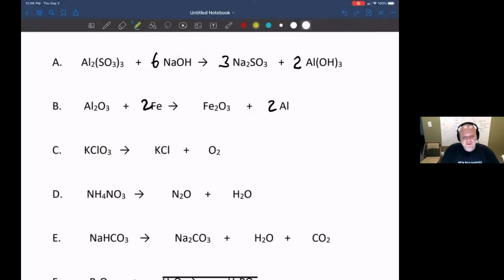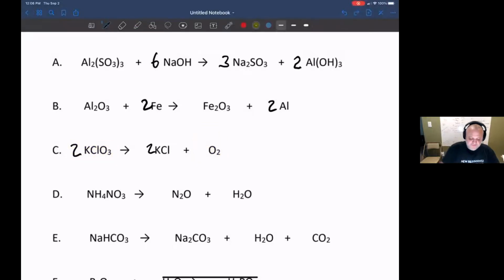So whenever you're in an even odd situation, my suggestion is to just go ahead and double everything. Once you double everything, then you can take another look at the problem and you can start to see that now I've got 6 oxygens here and I need to make 6 oxygens there.